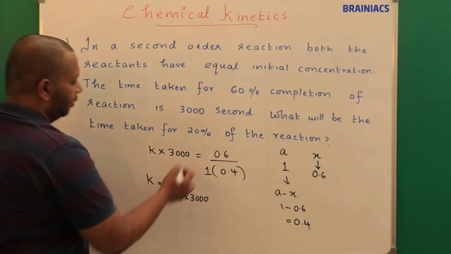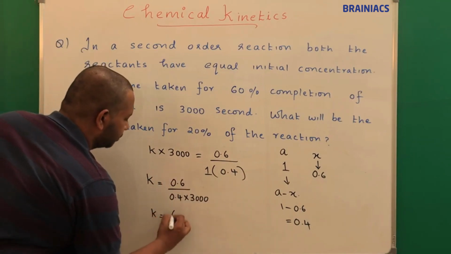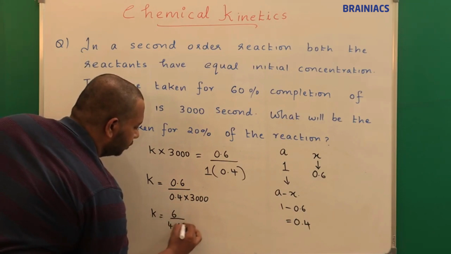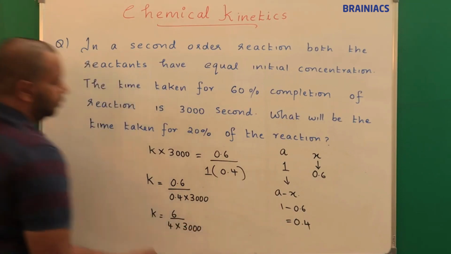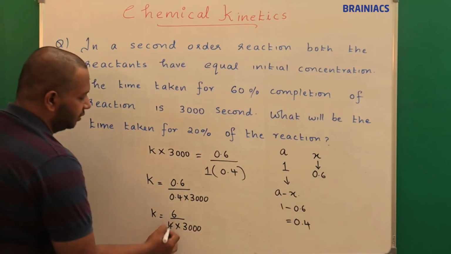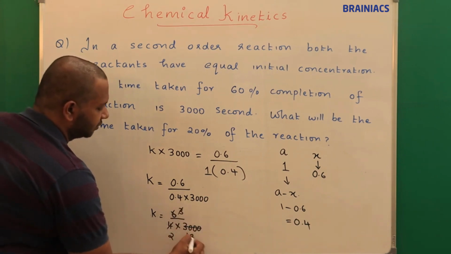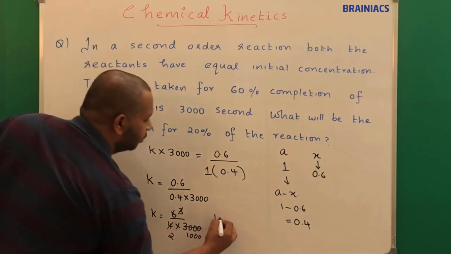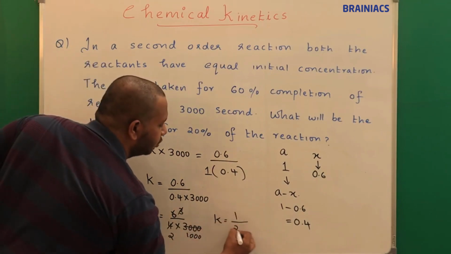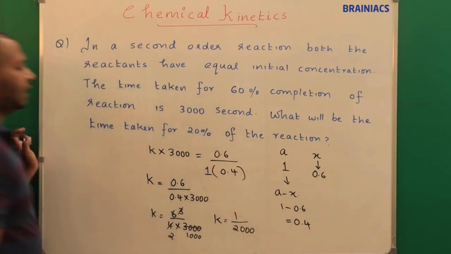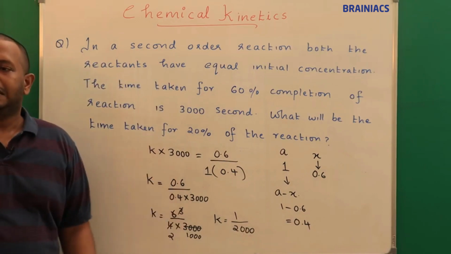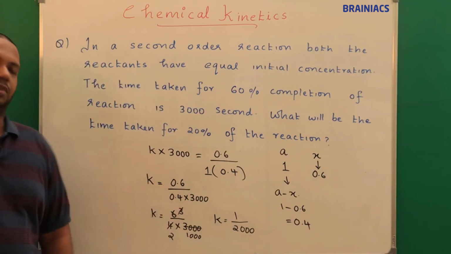I am multiplying 10 on both sides, so this will become 6 by 4 into 3000. I know that this is 2 times, this is 3 times, so this will get cancelled with this one as 1000. So my K value is 1 divided by 2000. Please calculate and ensure that you are getting K value as 1 by 2000.